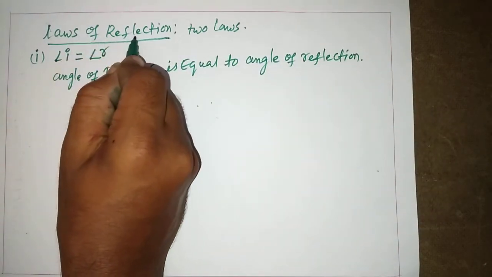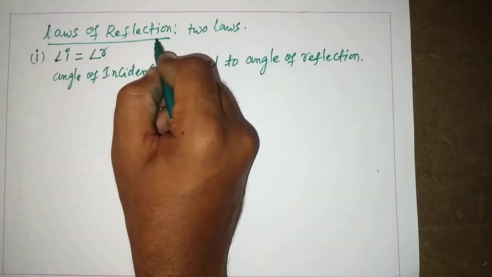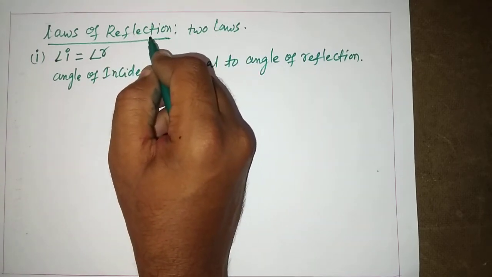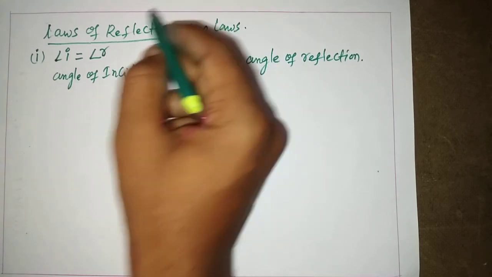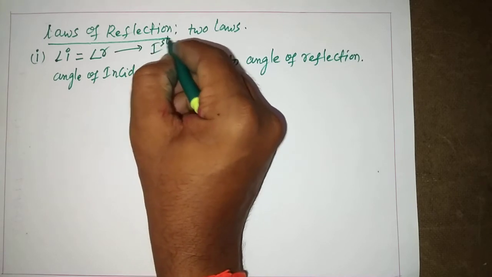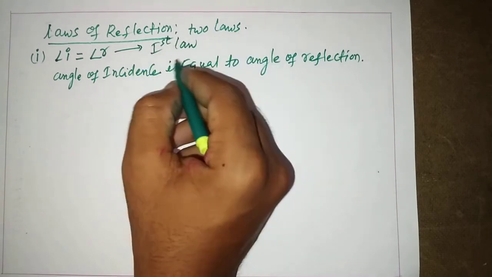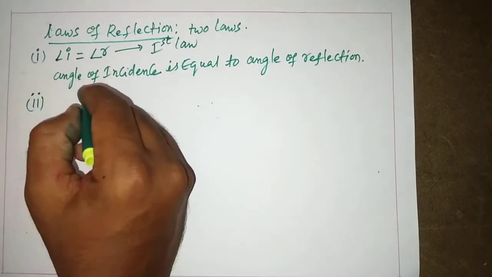So laws of reflection are nothing but the rules. How many rules are there? The conditions, how many conditions are there? Two laws are there. What is the first law? This is the first law of reflection.